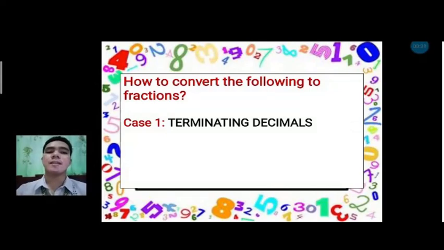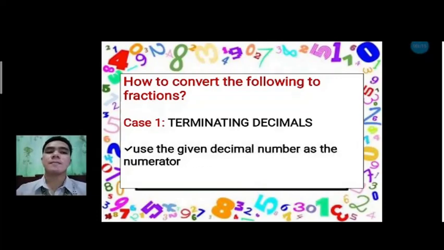Case number 1, if the given is terminating decimals, first use the given decimal number as the numerator. Then use the place value as the denominator.